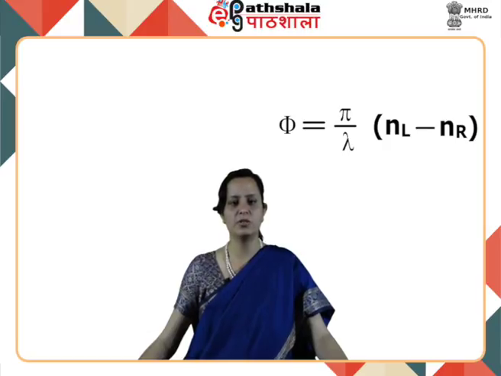Multiplying this equation by 1800 divided by pi converts theta to the rotation alpha. Optical rotation alpha equals 1800 theta divided by pi.